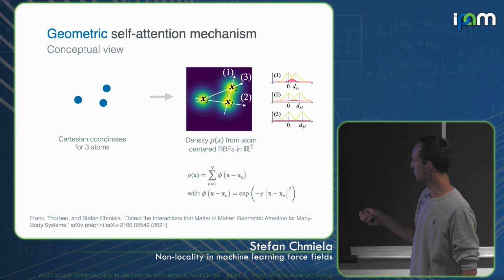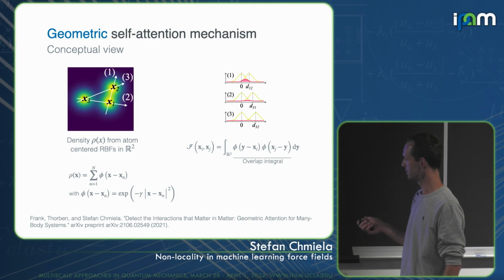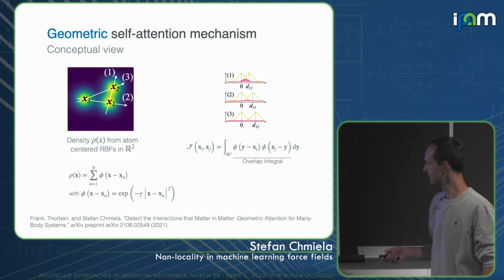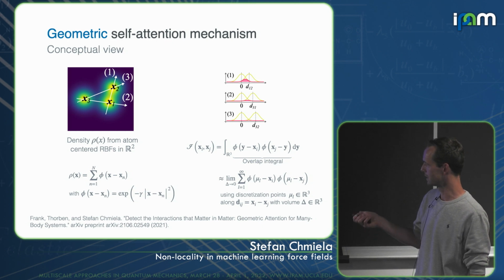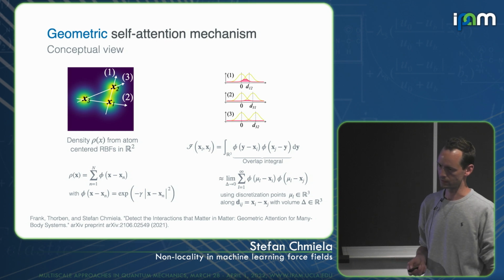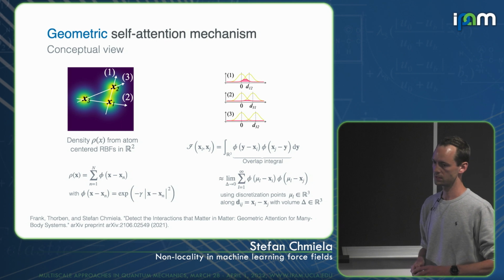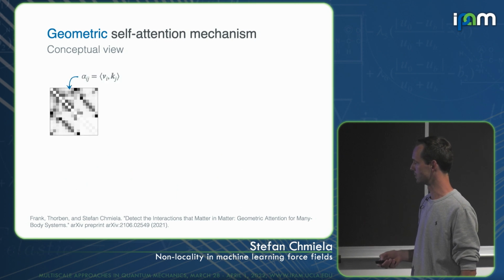Looking at the overlap has an advantage over other methods: you need to evaluate this overlap integral, which for each of the interactions is still in its analytical form, and then you can define some integration scheme depending on how granular you need to evaluate this overlap. Here, he uses some discretization points and interprets this integral as a Riemann sum to evaluate the attention coefficient.